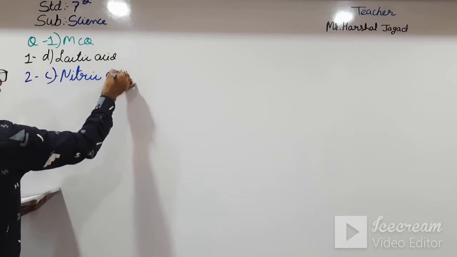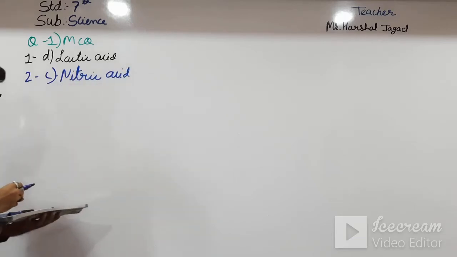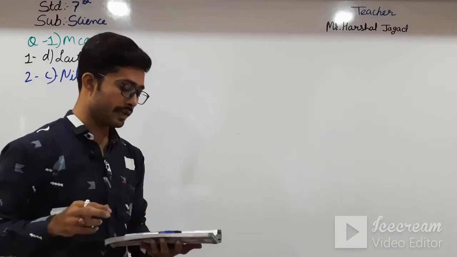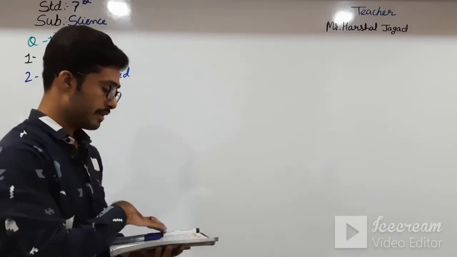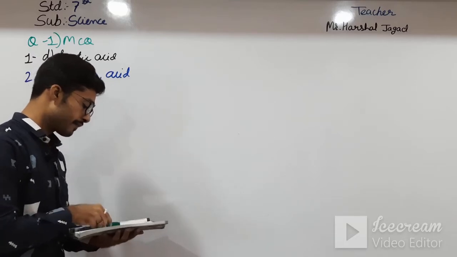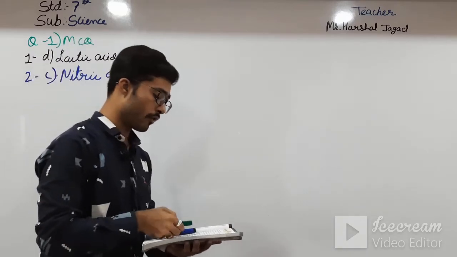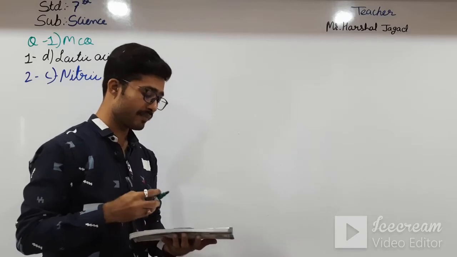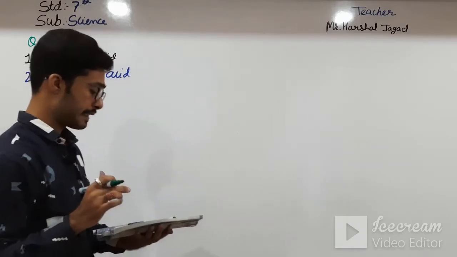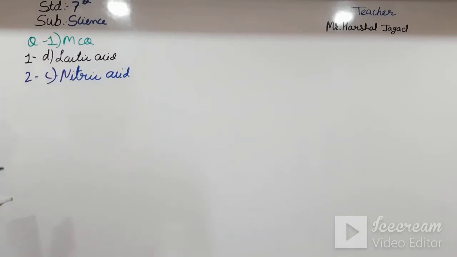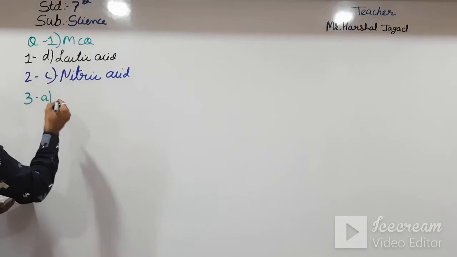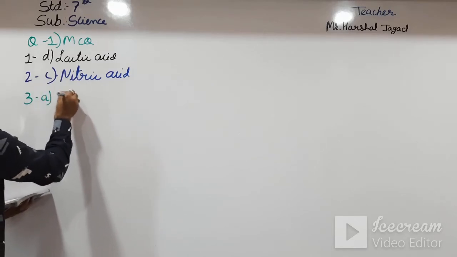Going towards the third one: which of the following is a base? Litmus paper is neutral, vinegar is acidic, water is also neutral, so what remains is sodium hydroxide, that is A, sodium hydroxide.